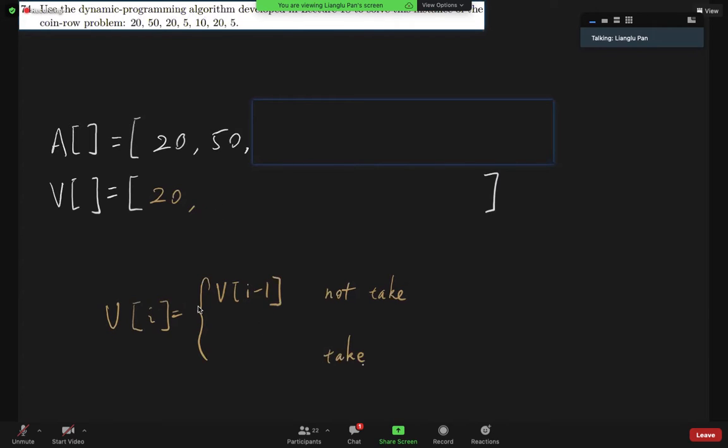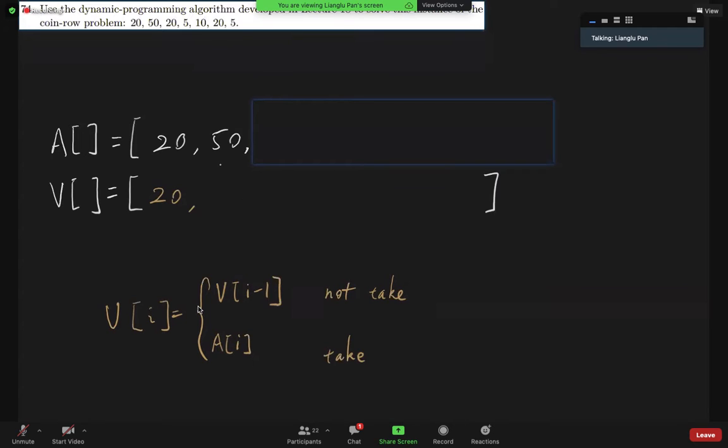And the other chance is that we may take that 50 cents. And if we take that 50 cents, then we cannot take any of the coins next to it, which means we cannot take the previous coin. In our case, it's 20 cents. So if we take it, of course, that A[i] would be part of the coins we are taking. Now, how about the other coins we can take?